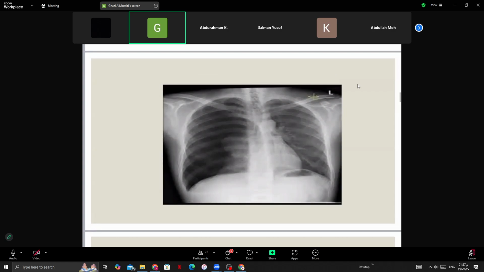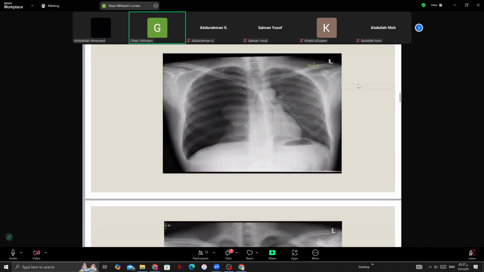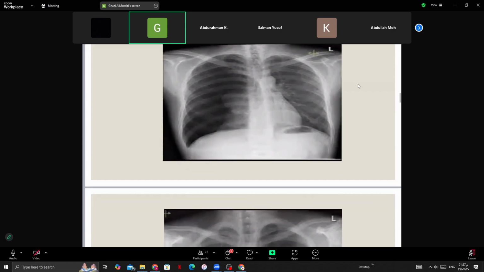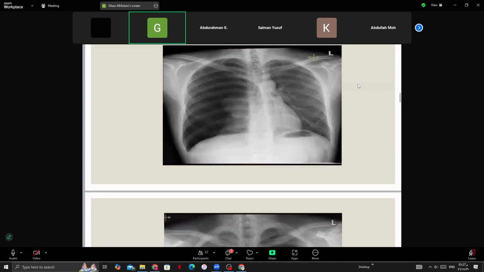If I told you that the patient is hypotensive, what do we call it if the patient presents with this pneumothorax and hypotension?